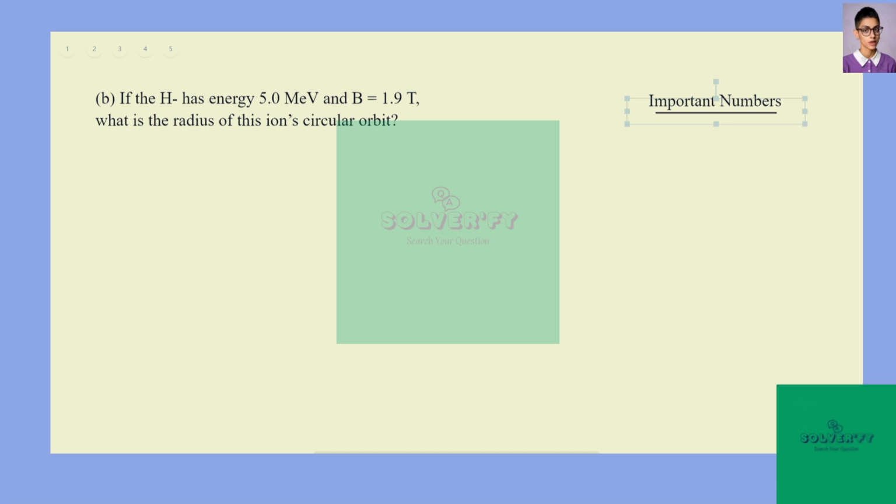This actually makes that charged particle go into an orbit, and that magnetic field in question here is B equals 1.9 Tesla. So now we're going to need to write that in our important numbers. B equals 1.9 Tesla.